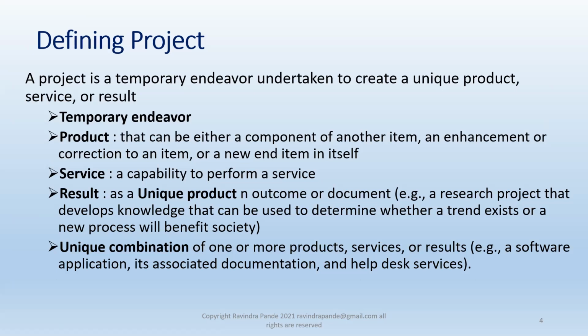I can't go on saying, "I'm manufacturing cars and that's my project." No, you have to have a specific end in sight, a clear result in your mind, a clear objective in your mind. A product can be either a component of another item, an enhancement or correction to an item, or a new item itself.